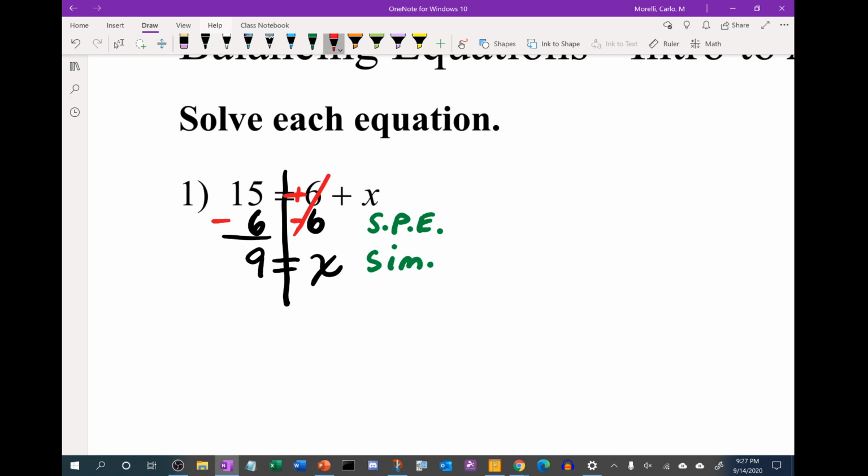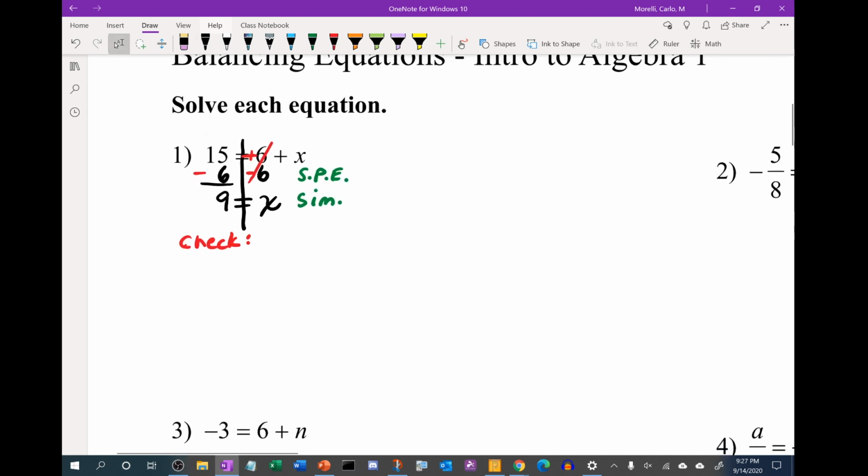Now we do our check. We're going to ask a question in this check. Okay, here's the question. Does 15 equal 6 plus x when x equals 9?